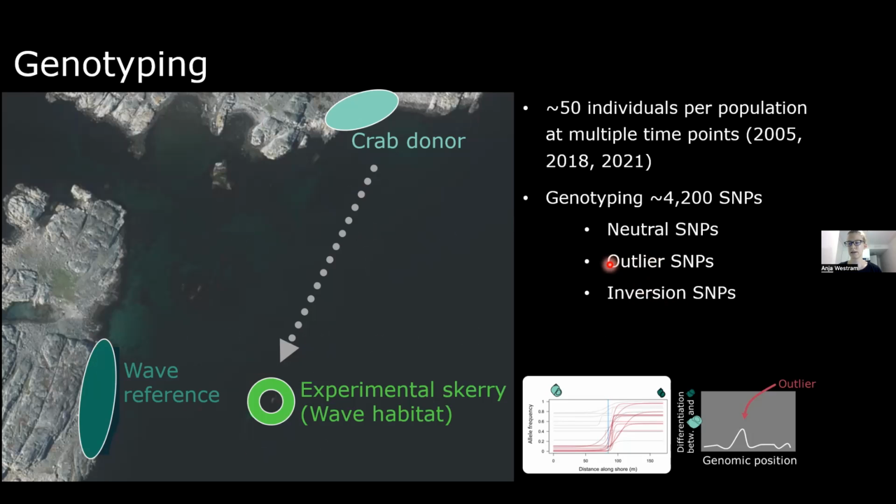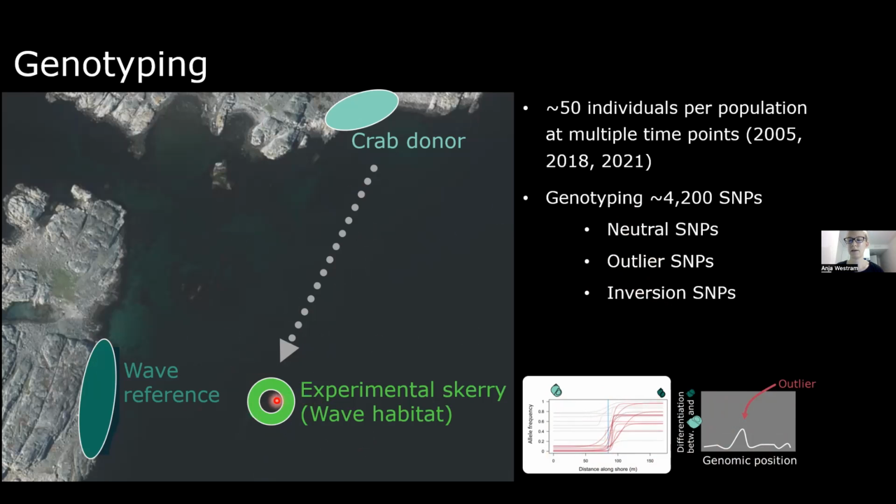but they are SNPs that we took from the previous studies. So we took some of the SNPs that showed evidence for selection in Sweden in this small scale study or in this large scale study, and we included them here. So basically we could ask, those SNPs that we found to be under selection between crab and wave in previous studies, do they also respond to selection in this experimental population?